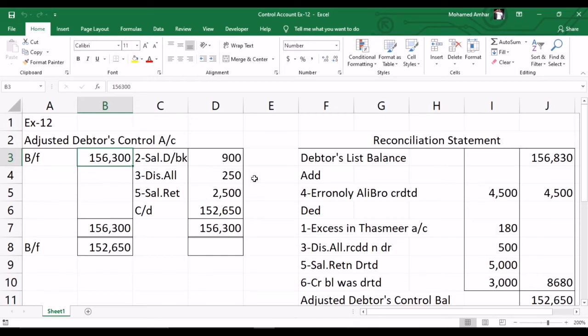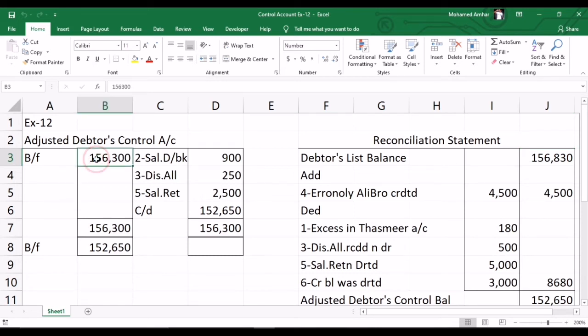Now the debtors list balance is not given, so we have to find that out. Now we should study how we can find this list balance before adjustment.